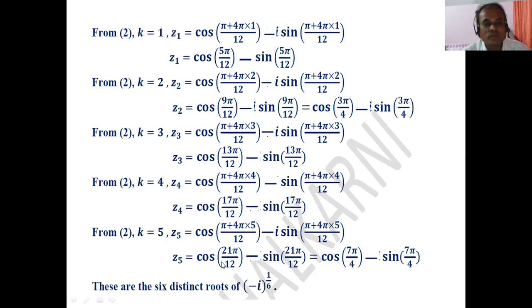And therefore z5 is equal to cos of 21 pi upon 12 minus i sine of 21 pi upon 12, which we simplify and it is equal to cos of 7 pi by 4 minus i sine 7 pi by 4. Okay, and therefore this is the sixth root of the given complex number. And hence, these are the six distinct roots of (-i) raised to 1 by 6. Hence, the solution of example 2.